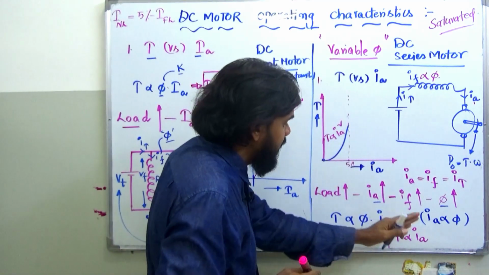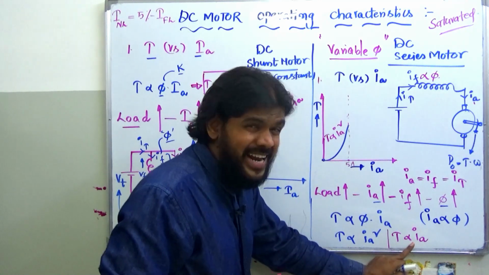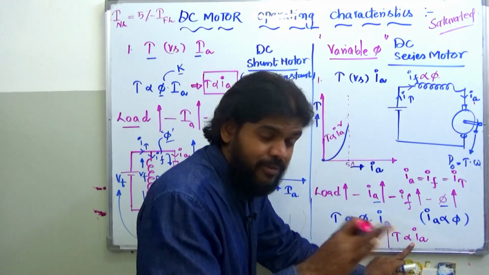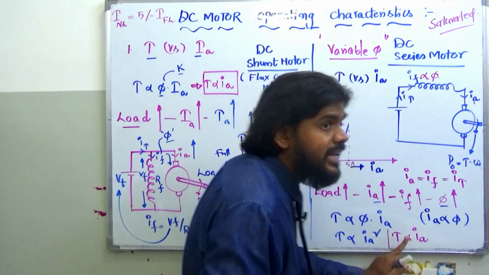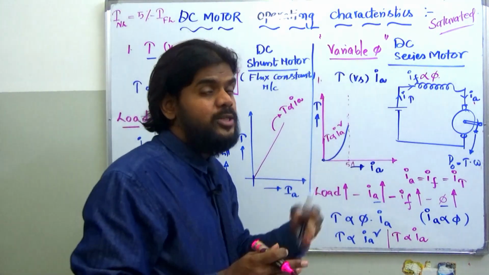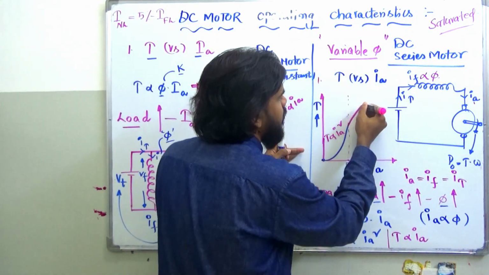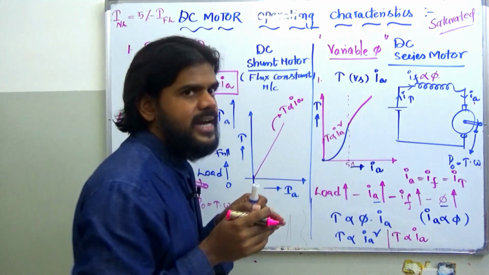Phi is going to be constant with respect to any changes in Ia. Flux will not respond, so it will become like a shunt motor in the saturation region. It will be like a straight line from there. I hope you are understanding me.